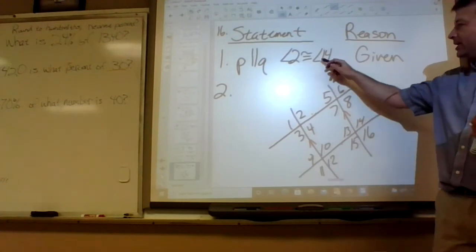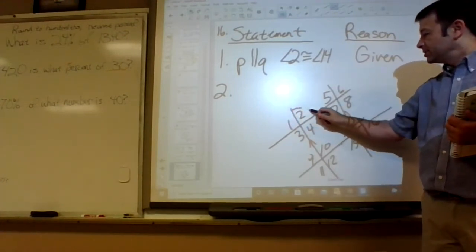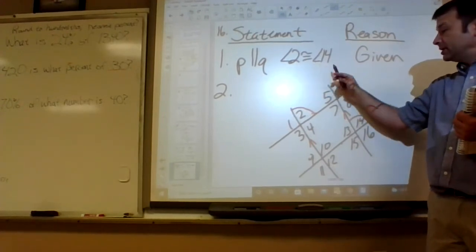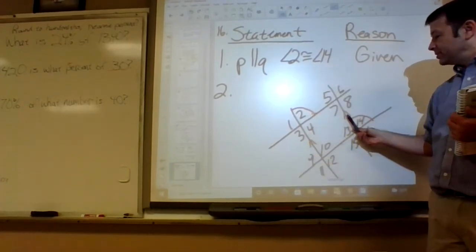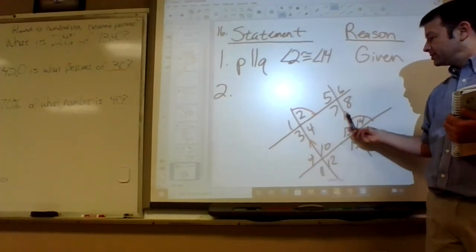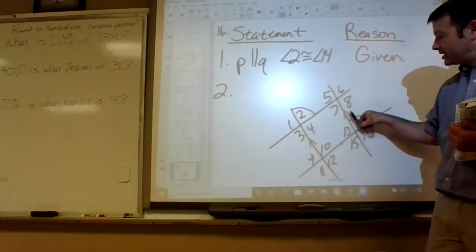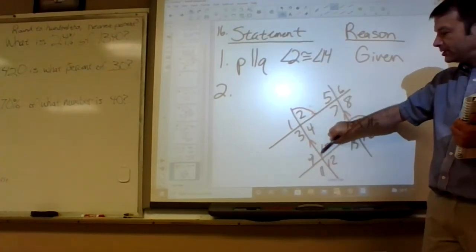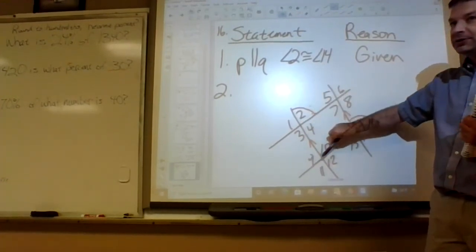Okay, so right now what I do know is 2 and 14 are congruent, because that was given. And I also know that these 2 lines are parallel. So that means I can jump from here to here, but I can't jump from here to here with the parallel lines.